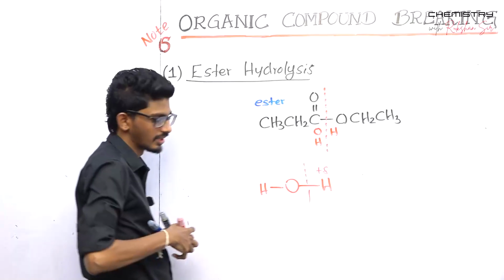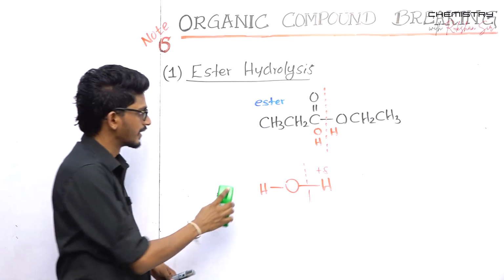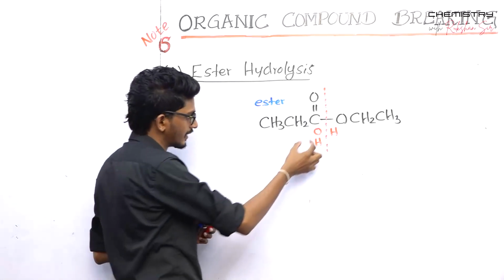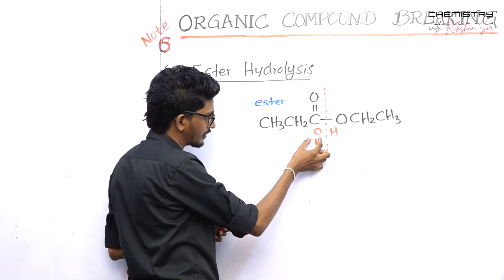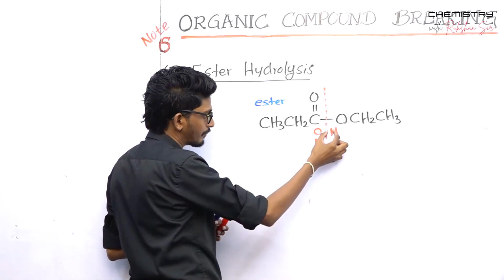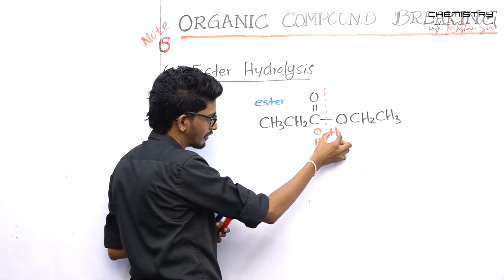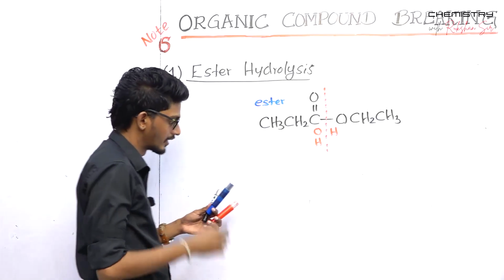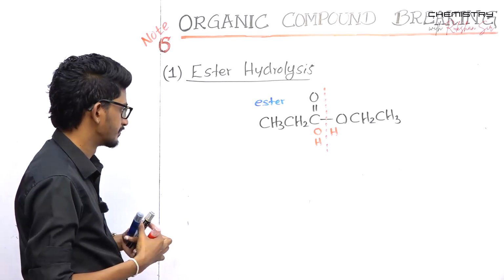That is how we break the ester bond. The OH group of the water comes towards the positive terminal of the ester bond, and the positive hydrogen of the water comes towards the negative terminal of the ester bond. With this we can break the ester.